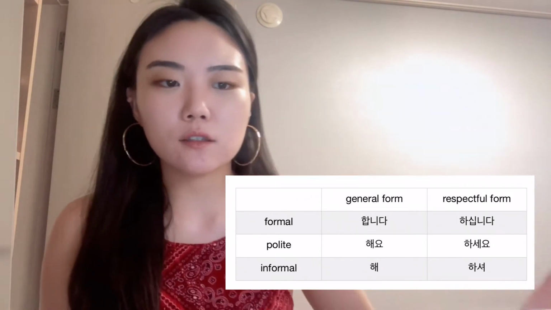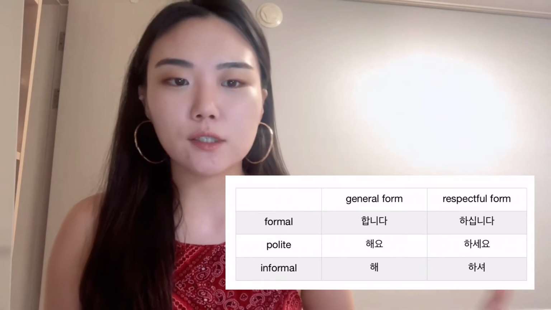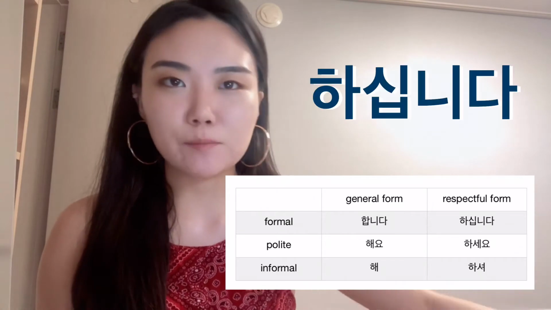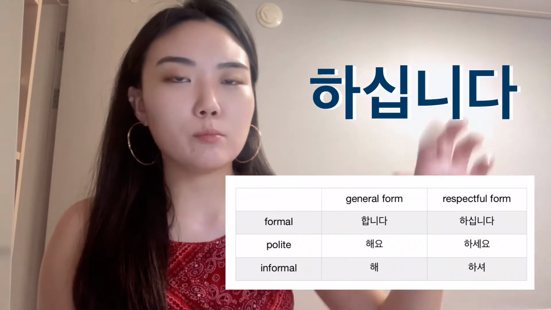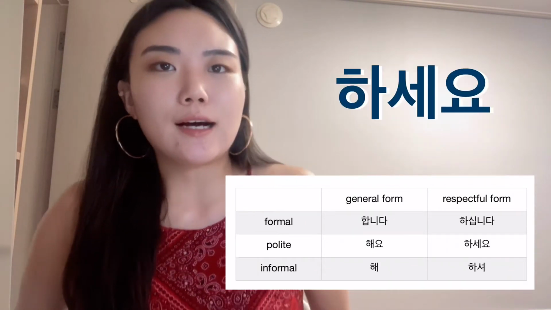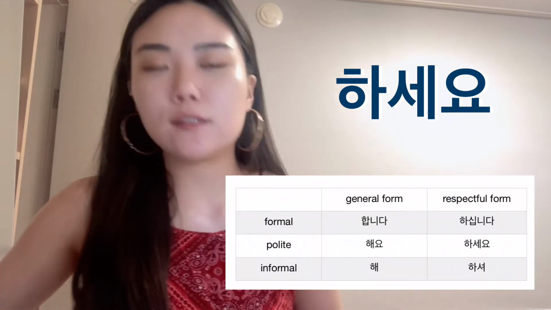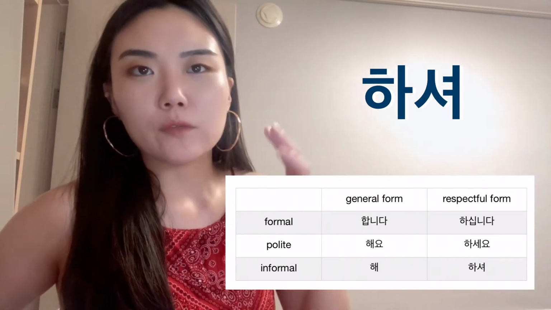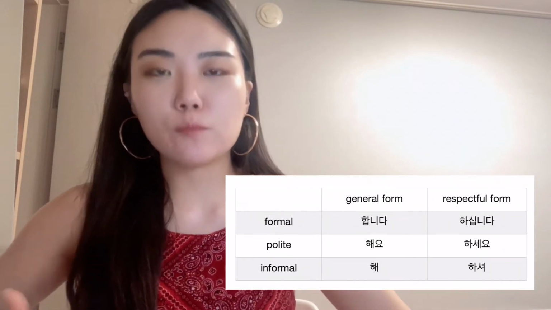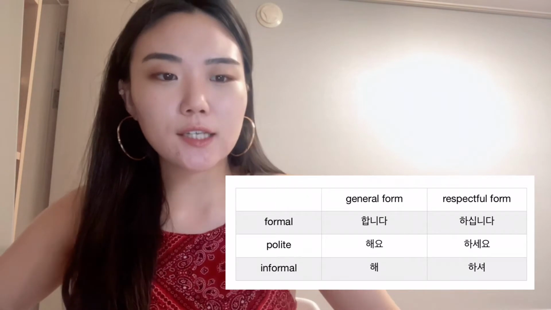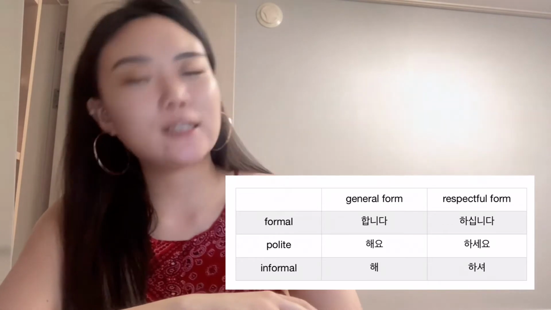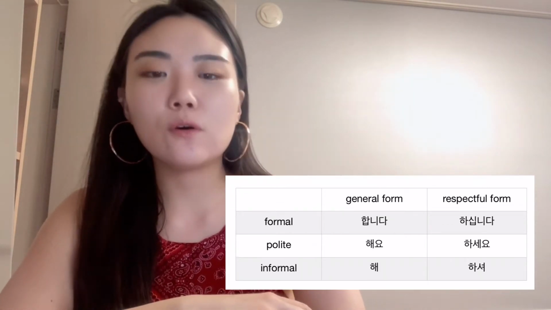And for the second column, when you talk about someone else, like he does or she does, he's doing, she's doing, you've got to say 하십니다. Same here, this B sound sounds more like an M, so 하십니다. And 하세요 for polite and 하셔 for informal. So these depend on about whom you are talking. So once again, 합니다, 해요, 해, and 하십니다, 하세요, 하셔.